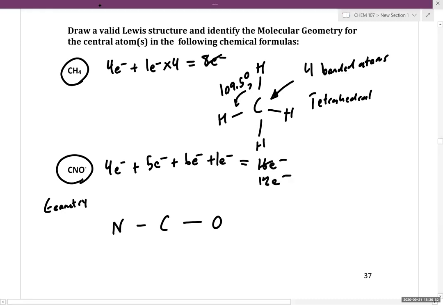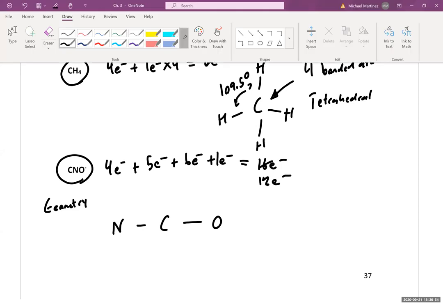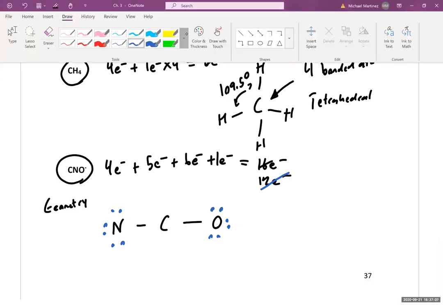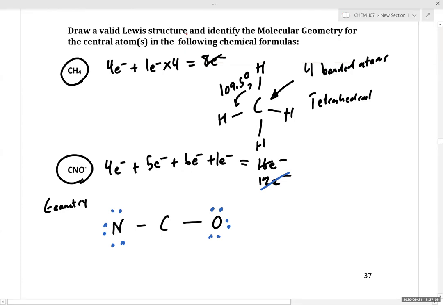We then use our 12 electrons to place lone pair electrons on each of our outermost atoms. We burn through all of our 12 electrons in record time, and to fulfill the octet on carbon, we're going to form 2 bonds using nitrogen.